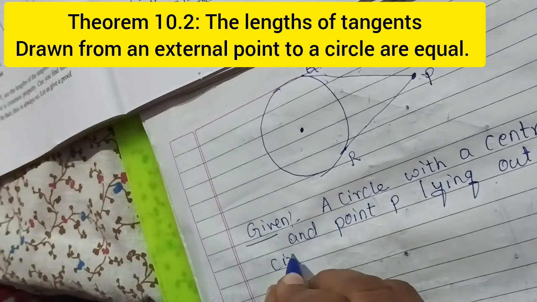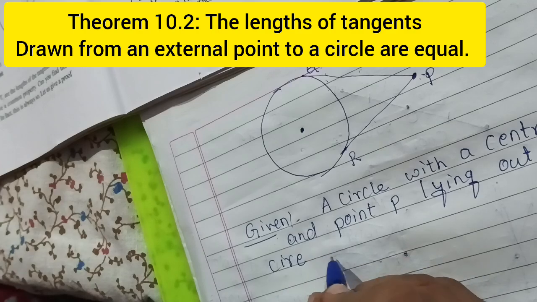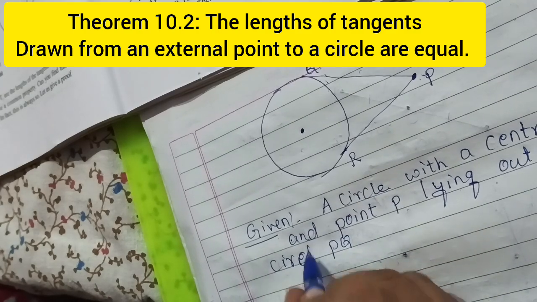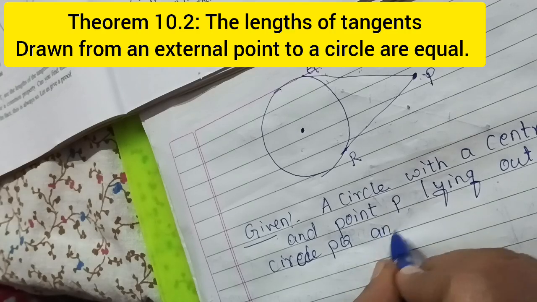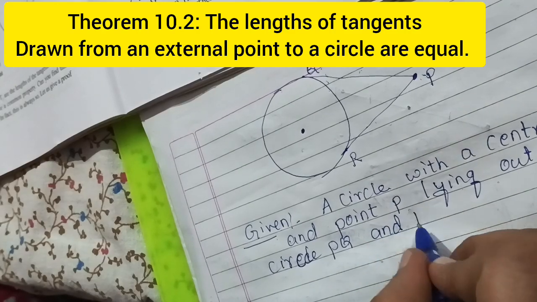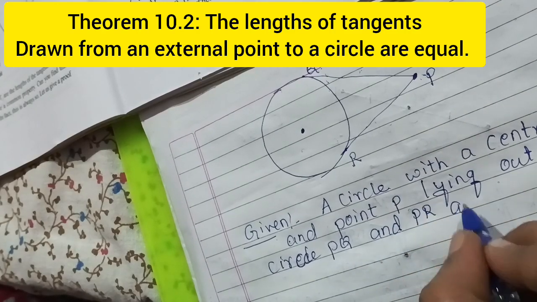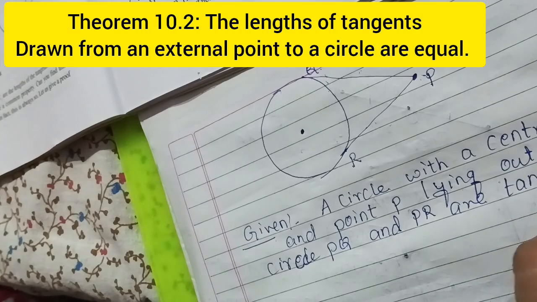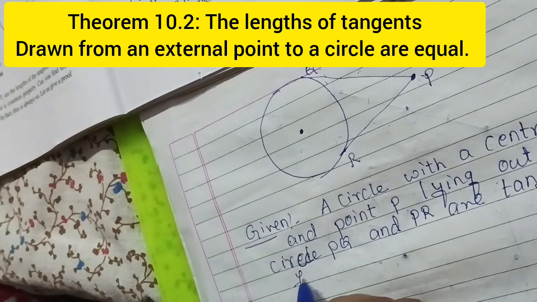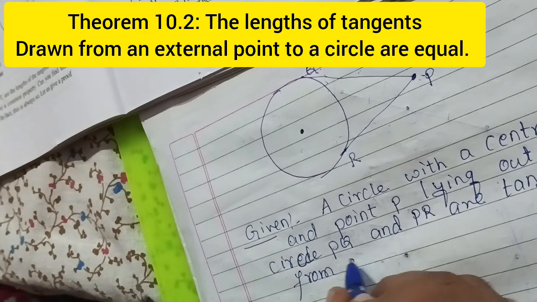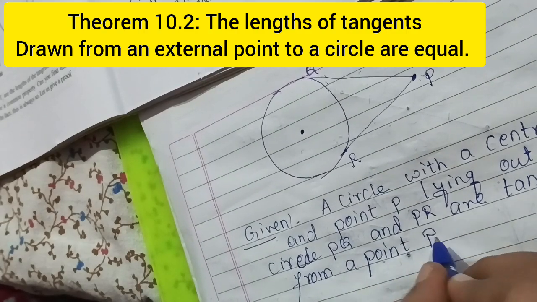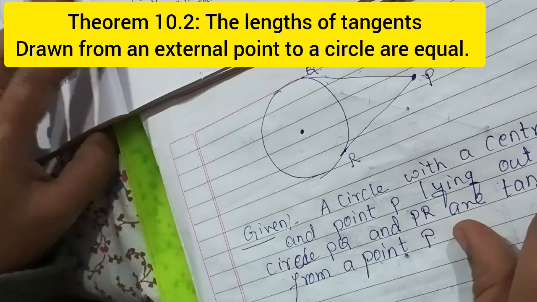PQ and PR are the tangents from the point P. What do you want to prove?